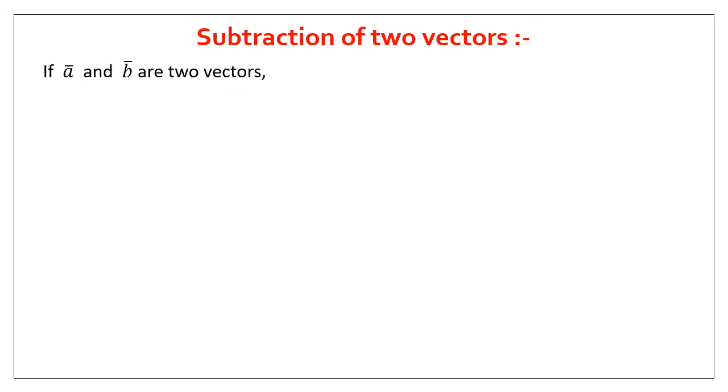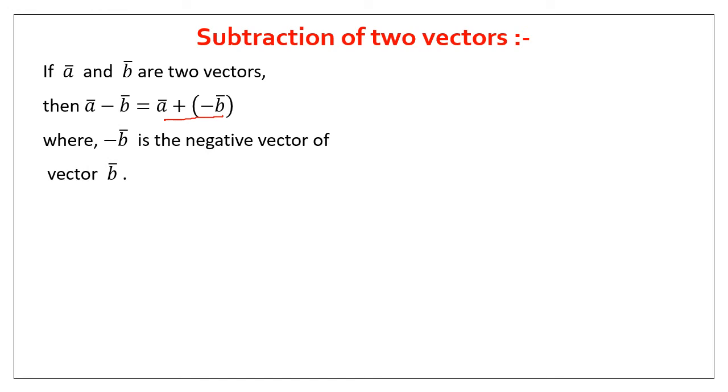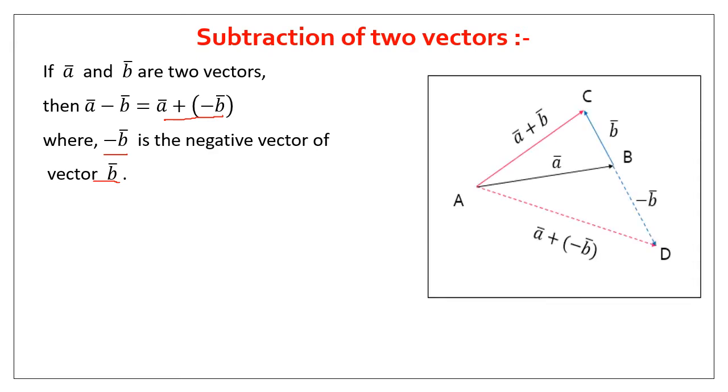Subtraction of two vectors. If a bar and b bar are two vectors, then their subtraction, that is a bar minus b bar, equals a bar plus (minus b bar), where minus b bar is the negative vector of vector b bar. See the diagram, students.